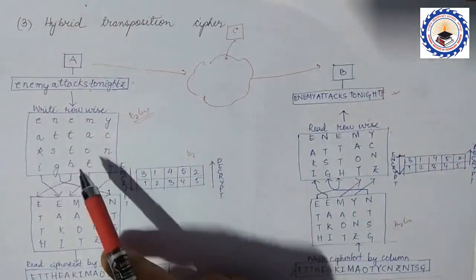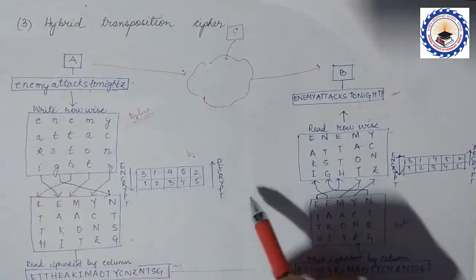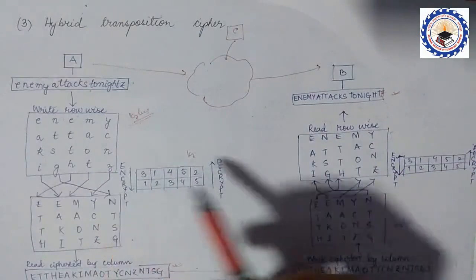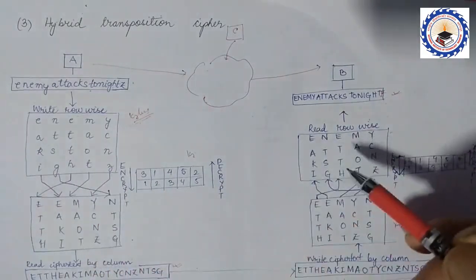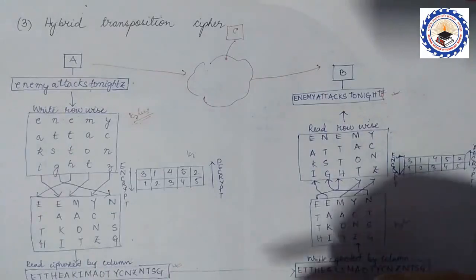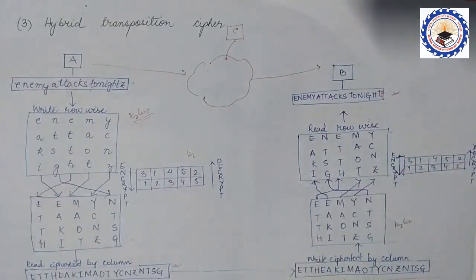So this is how the hybrid transformation is used between the sending and the receiving part. I have already told you why we are using both transposition ciphers: there may be some loopholes in the keyless transposition cipher, and there may be some loopholes in the key transposition cipher.